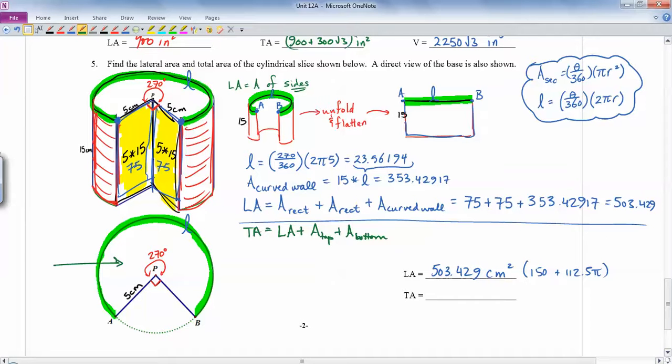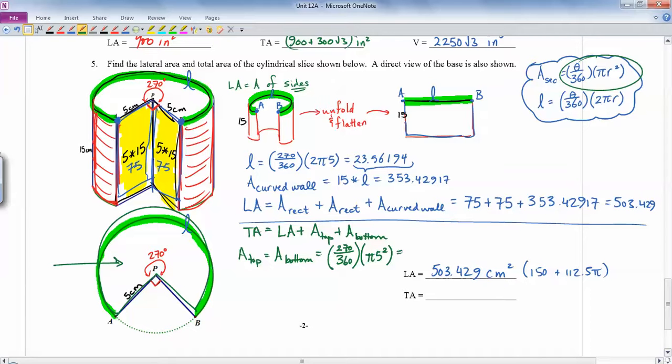Well, the area of the top and the bottom, those are sectors. So I know the formula for the area of a sector. So area of the top equals the area of the bottom, which equals the central angle, 270 out of 360, a fraction of the circle's area, pi 5 squared.